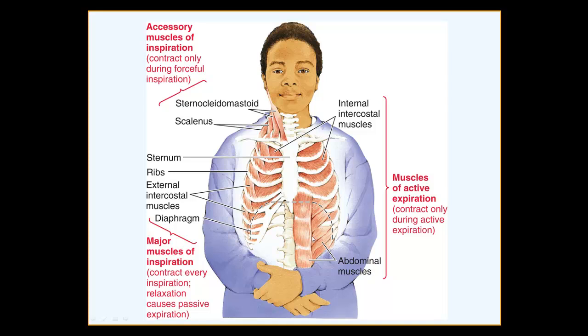Additional expiratory muscles will be the abdominal muscles, the rectus, the external oblique, and the internal oblique. All of these can help you with your respiratory movement, but they are not needed for it. The only one that is definitely needed is the diaphragm, and expiration is a passive phenomenon. You don't need any muscles to give you the passive expiration.